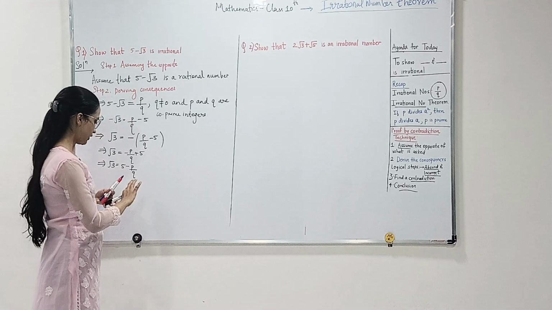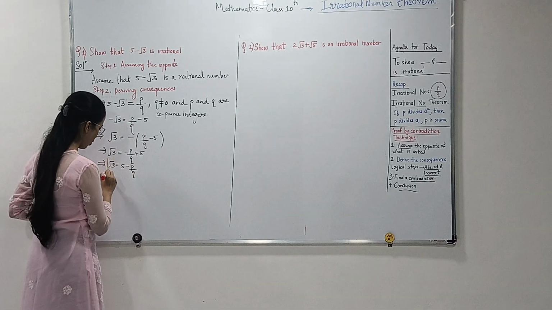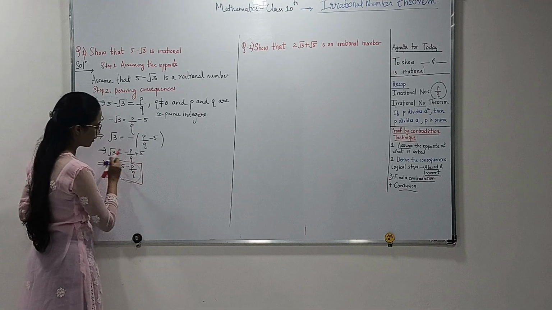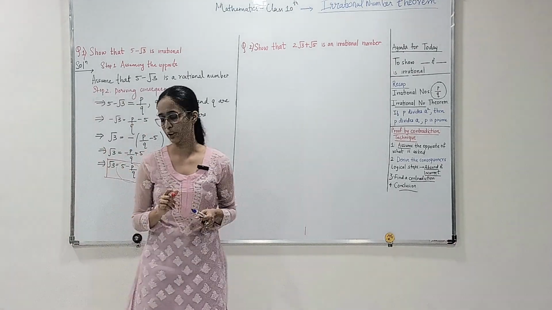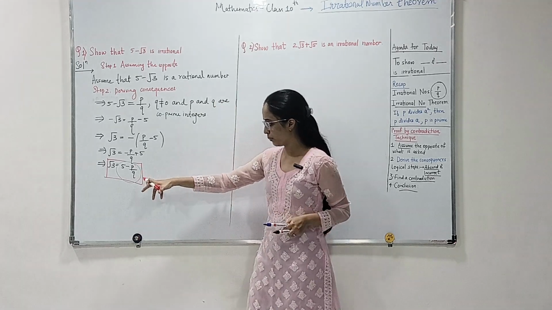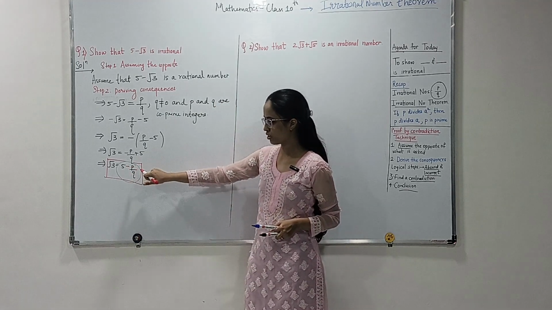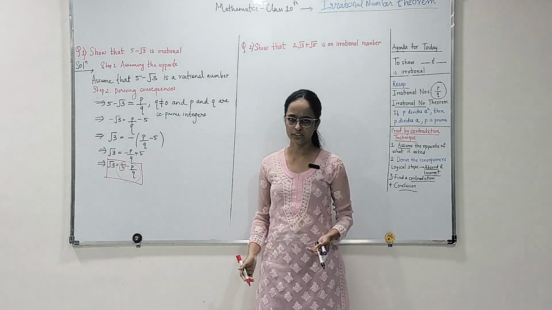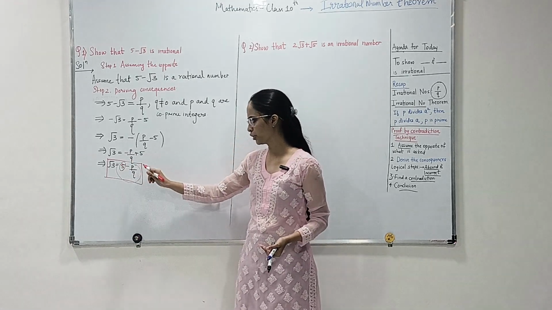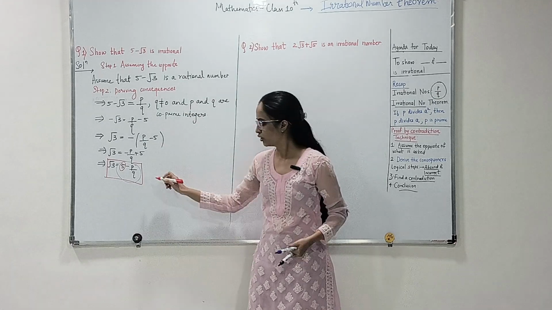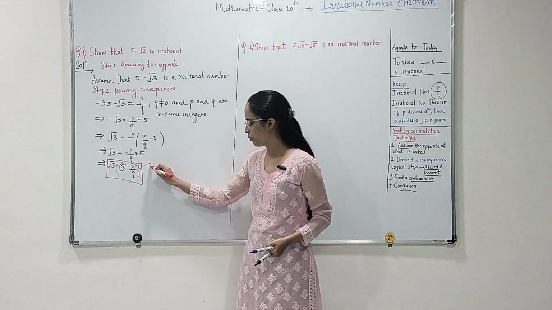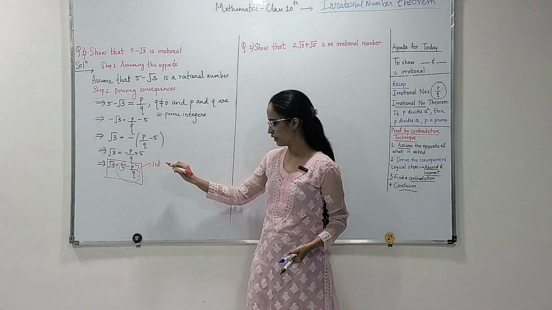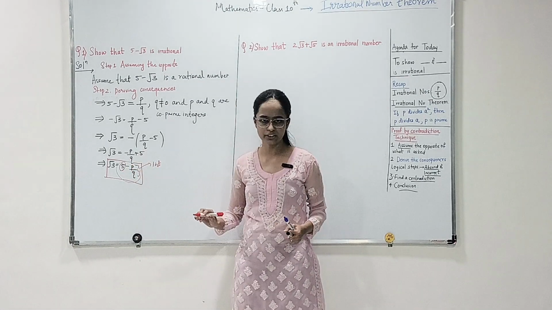So now students, I want you all to observe this term, and specifically the right hand side of this equation. The right hand side of this equation is 5 minus P by Q. We all know that number 5 is an integer. We know that P and Q both are integers, so the resultant of this would be an integer. And if you subtract two integers, you would of course get an integer.